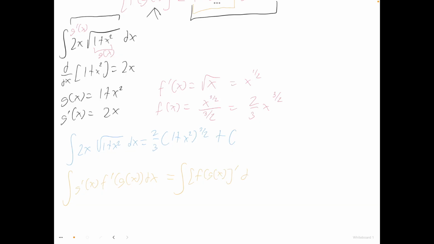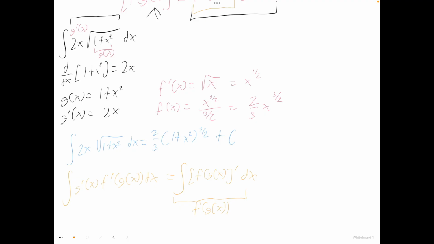But that piece just becomes f of g, because the derivative and the integral undo each other. That's what antiderivatives do. So the pattern matching suggests that f of g of x must be what our integral equals, which is what we wrote down above.